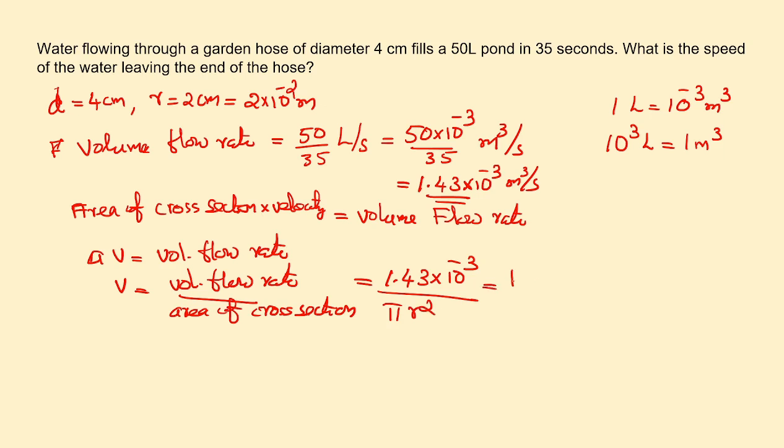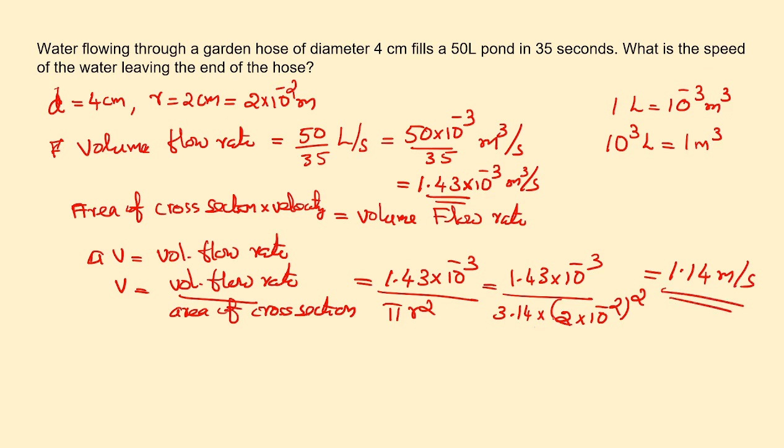So that is equal to 1.43 into 10 raised to negative 3 whole divided by 3.14 into 2 into 10 raised to negative 2 whole square. Okay, not whole square, 2 into 10 raised to negative 2, then squared. So you can do the calculation, and you can find that the velocity is equal to 1.14 meter per second.